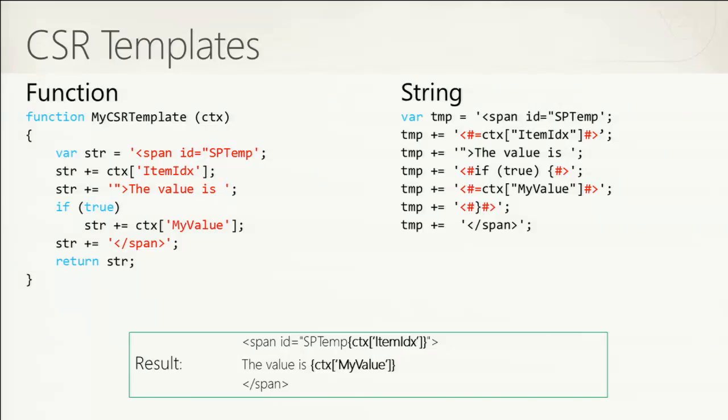As with other escaping methodologies, this ends up getting compiled into essentially the function on the left when you actually run it. Angle bracket pound equals says, I want you to execute this JavaScript code, and please take the resulting value and put it into the output string. If you say angle bracket pound, then you're saying, please execute this JavaScript code, but I don't want the output to be put into the output string.